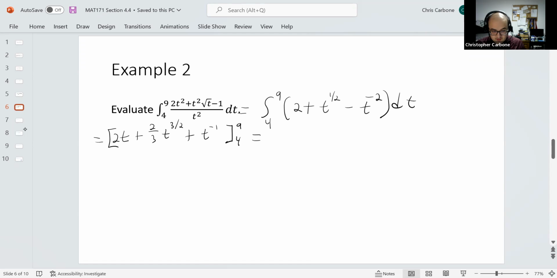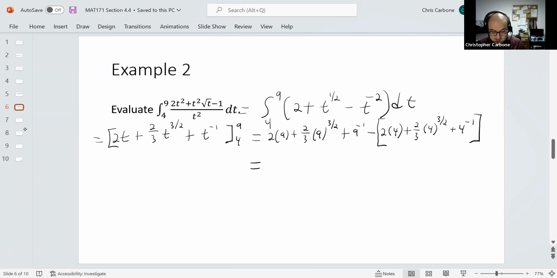So putting 9 in first is 2 times 9 plus 2/3 times 9 to the 3/2 power plus 9 to the negative first, minus 2 times 4, and I'll put this into another bracket, 2 times 4 plus 2/3 times 4 to the 3/2 plus 4 to the negative first power.